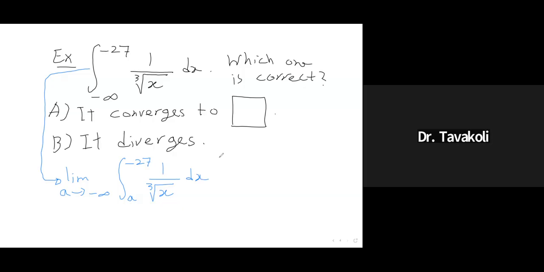Remember that cube root of x is x to the power of 1/3, right? What about 1 over x to the power of 1/3? It is x to the power of negative 1/3.